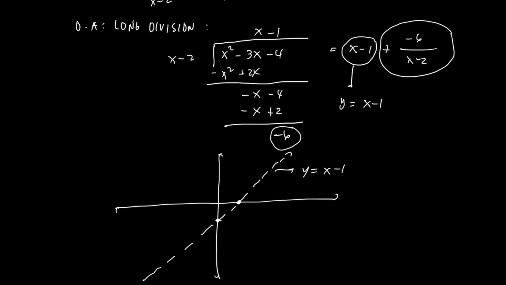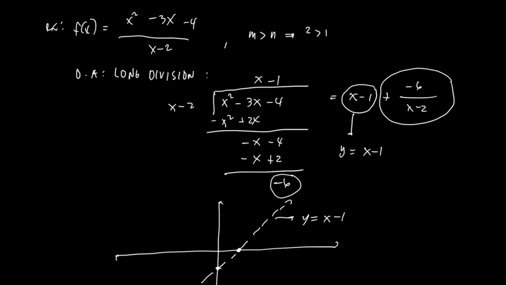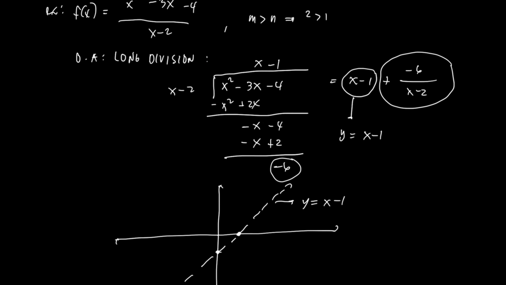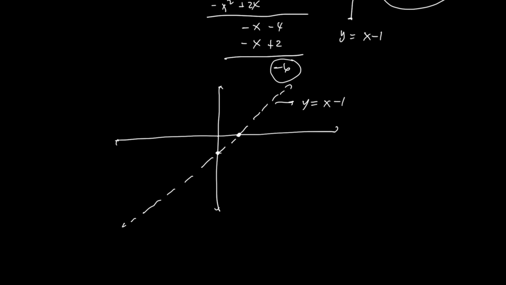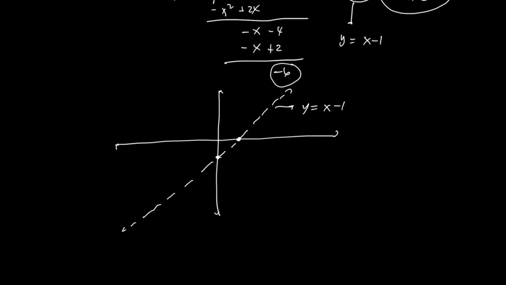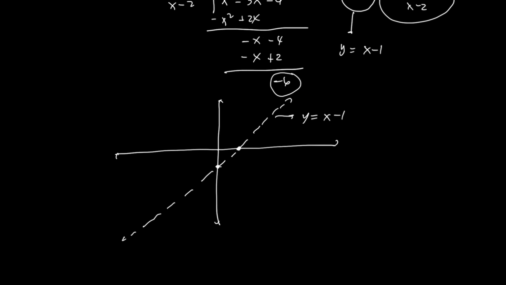This is our y is equal to x minus 1. Okay, I will not show you the step by step. The most important part in this example is finding the oblique asymptote. Okay, so try to graph the other examples or try to find examples in the books on graphing rational functions. Question?